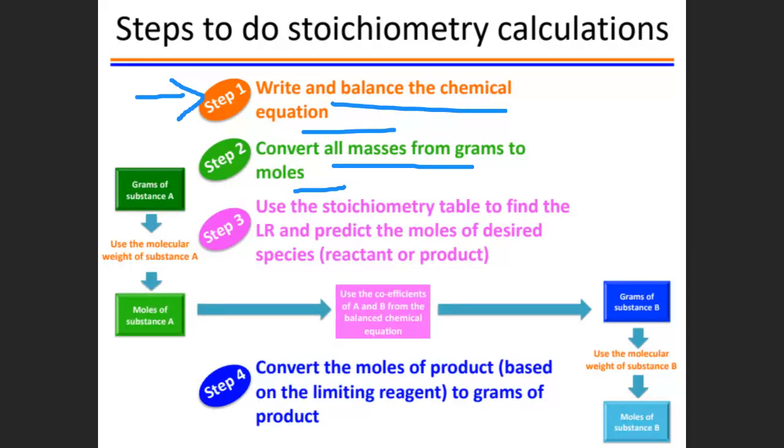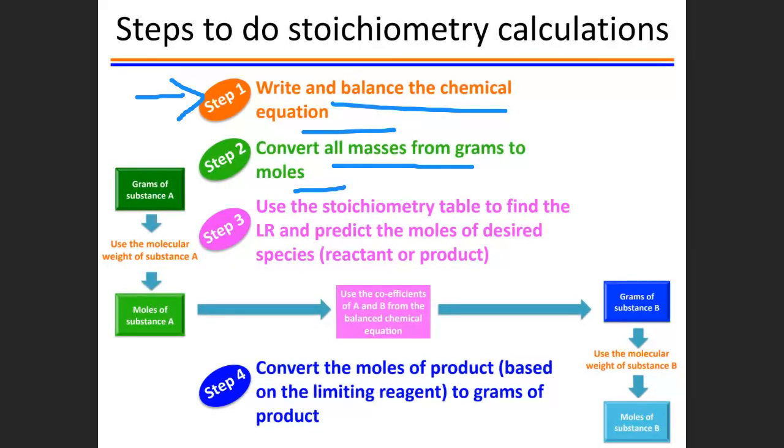Third step, use the stoichiometry table to find the limiting reagents and predict the moles of the desired species, reactant or product.